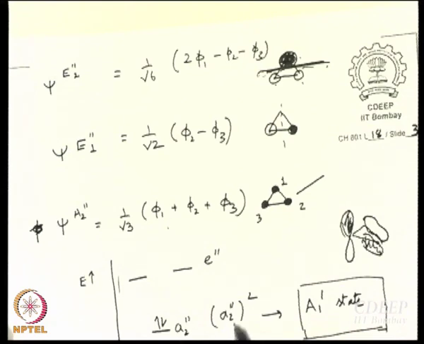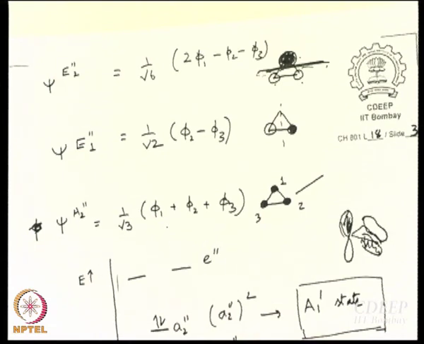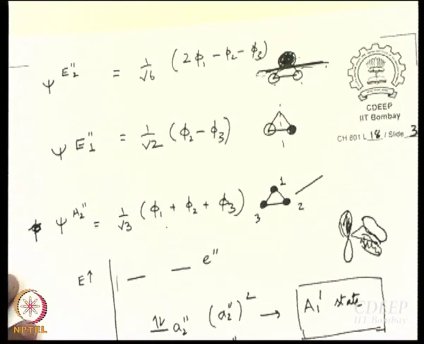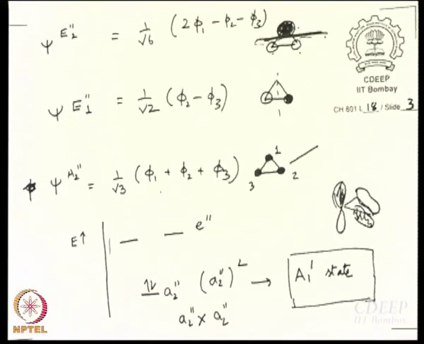So, what do you have? You have A2 double dash squared, right. So, one is A2 double dash, second is also A2 double dash. Do not add, multiply. If you take a direct product, you cannot add, you have to multiply. What is A2 double dash cross A2 double dash, without looking at the character table?